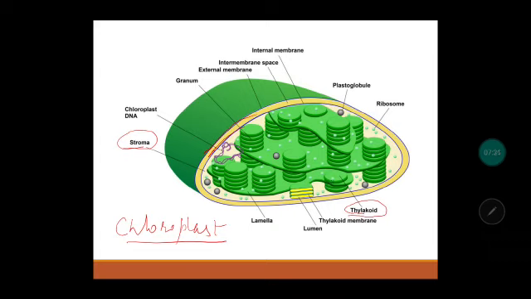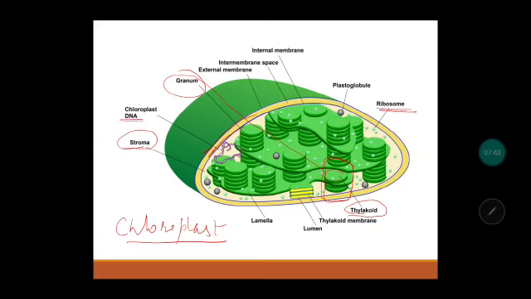And this whole stack together is called granum. Listen again. This single coin or round-like structure is called thylakoid, and a stack of these is called granum. Alright. And if you see, it also contains ribosome and DNA.